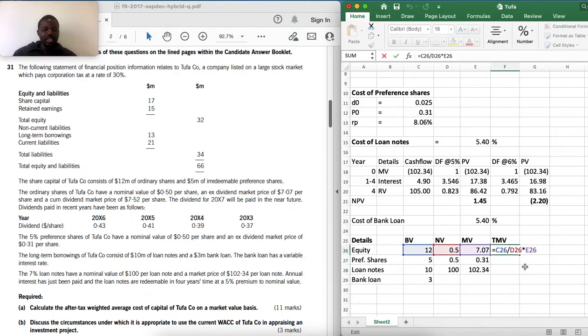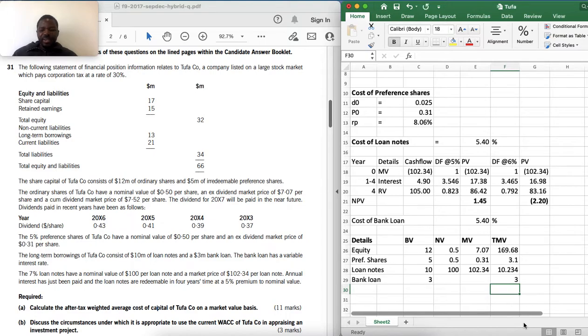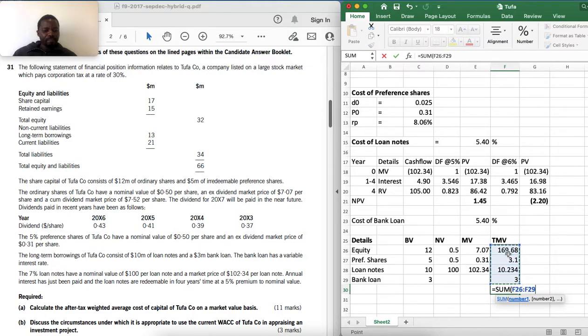We can copy this here and here. The bank loan, the total market value is 3. Now from here, we'll have to sum up. So we'll sum up here to get that.